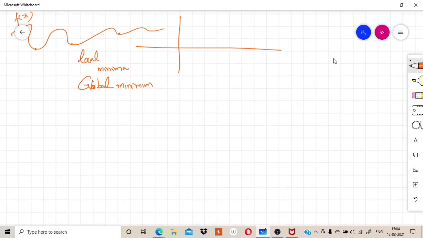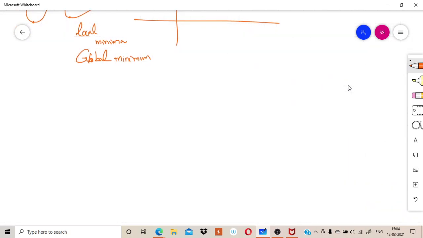Then we are moving on to what we mean by a convex programming problem, CPP.